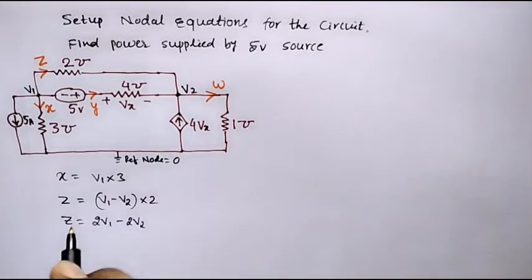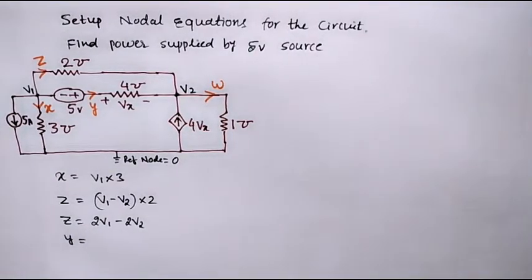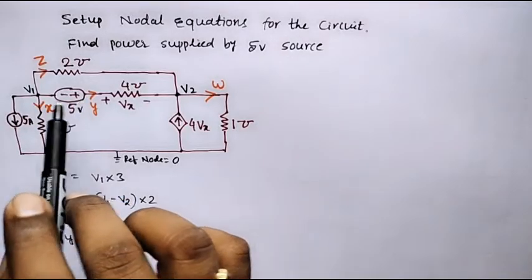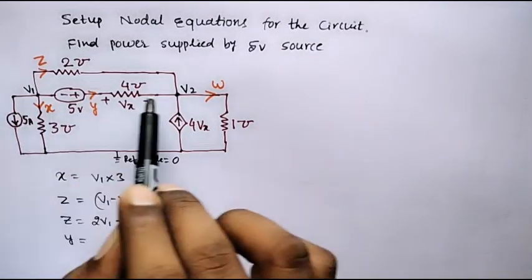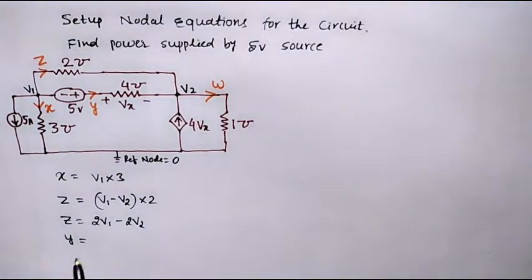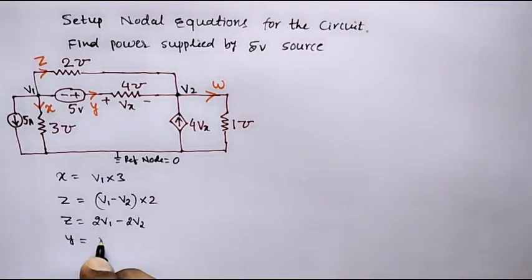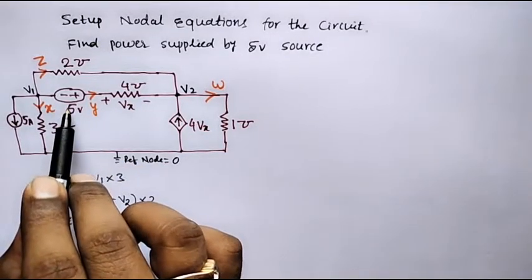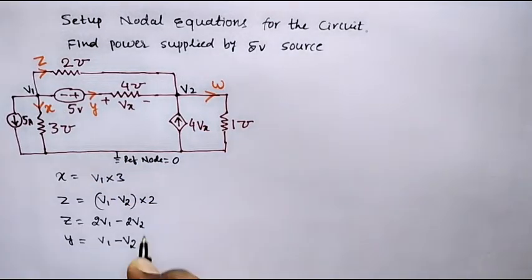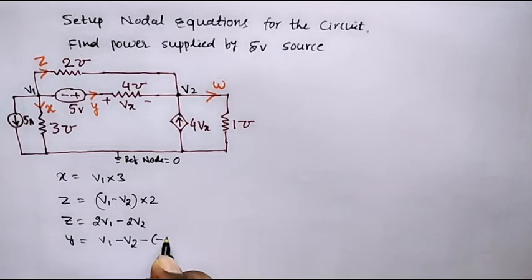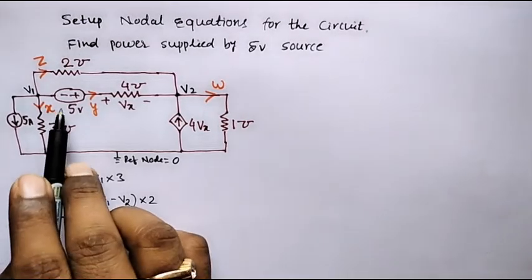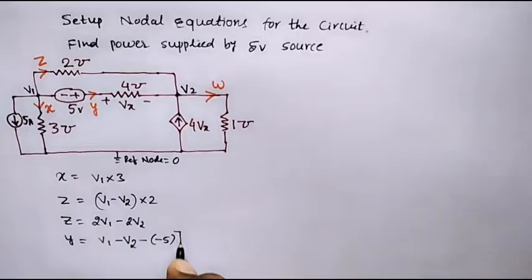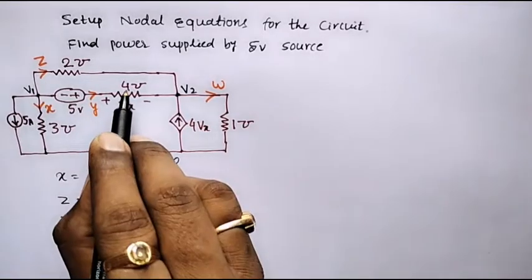Similarly, current Y is the current which is moving from node V1 towards node V2. Therefore, I can write it as V1 minus V2. In this branch, there is another voltage source. We should also consider that one. Minus of minus 5, because its magnitude is minus 5. So this entire thing is multiplied by 4.